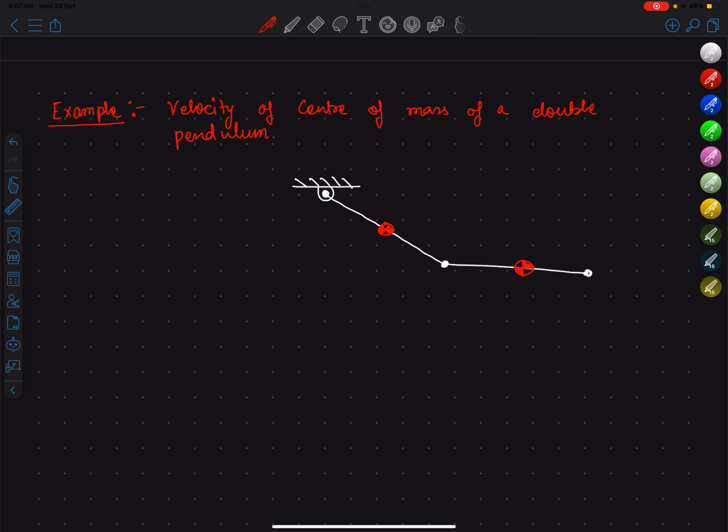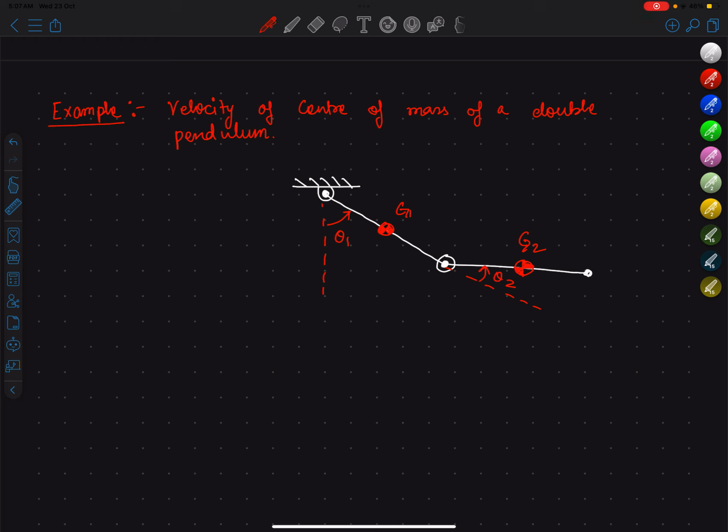Alright, so this is G1, this is G2. This is a revolute joint, and let's say this is theta 1, theta 2. These are the two angles.